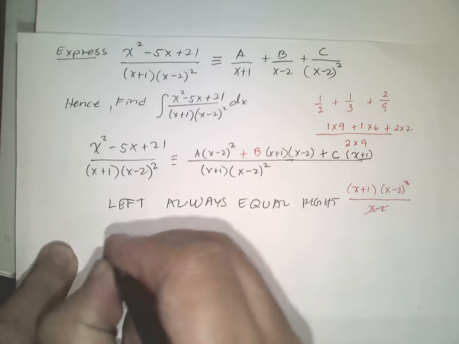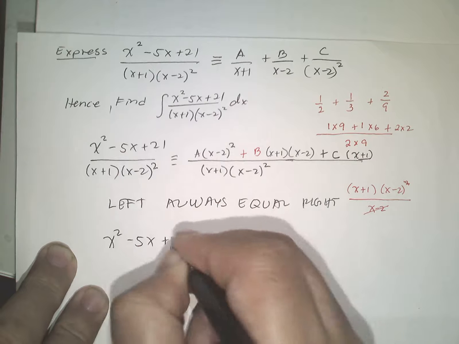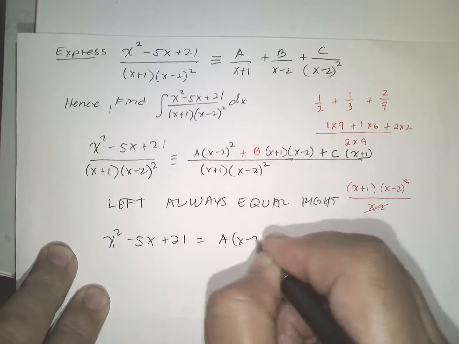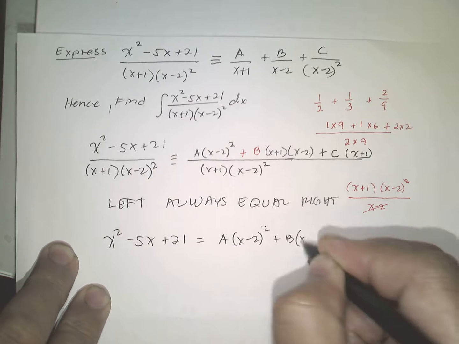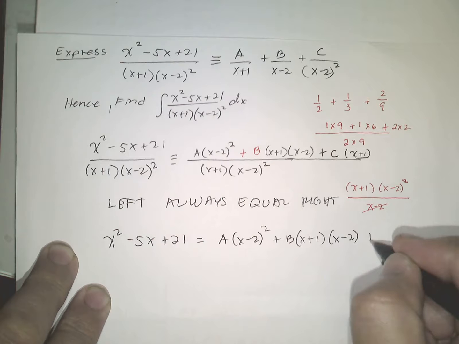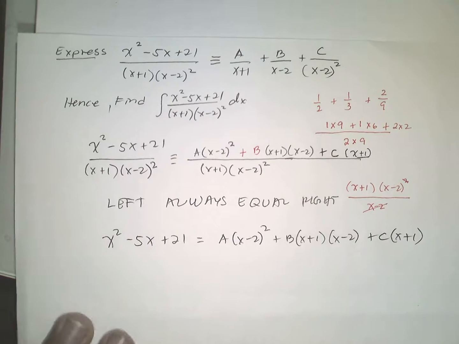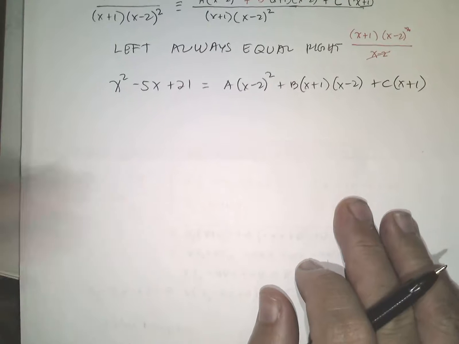The x squared minus 5x plus 21 is always equal to A times x minus 2 squared, plus B times x plus 1 times x minus 2, plus C times x plus 1. And what we want to find is A, B, and C.